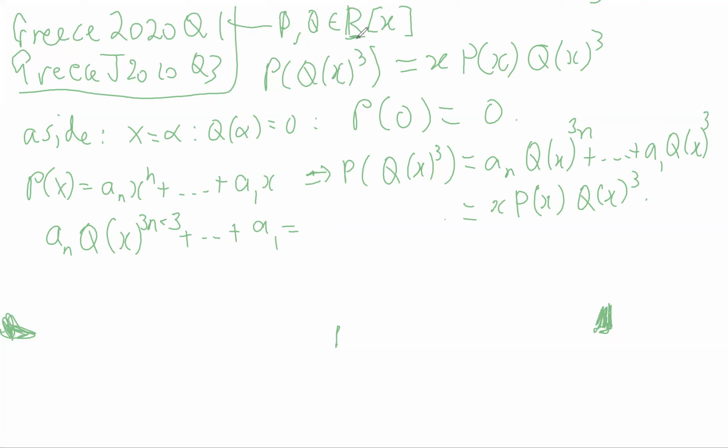So this is equal to x P of x, and if you put that in, you get a_n x to the n plus 1, plus ..., plus a_1 x squared.